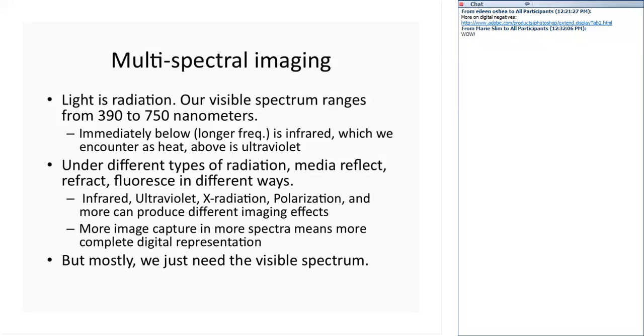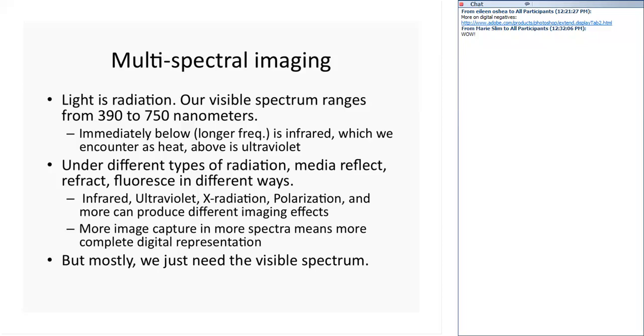There are ways to overcome this. Our visible spectrum ranges from 390 to 750 nanometers. Below that is infrared or heat, and above that is ultraviolet. Under different types of radiation, media refract and fluoresce in different ways.